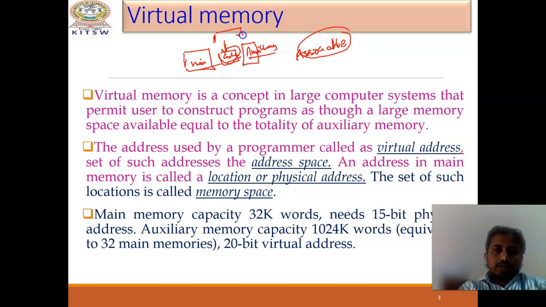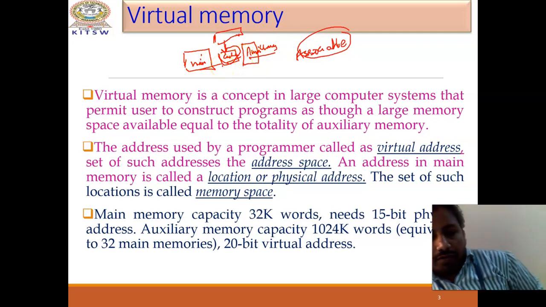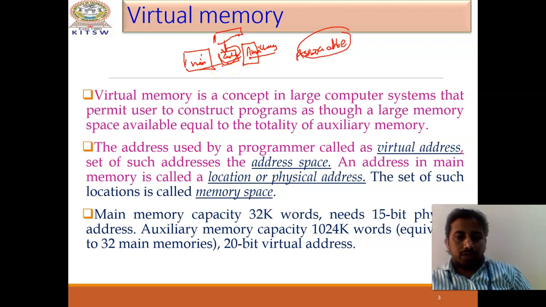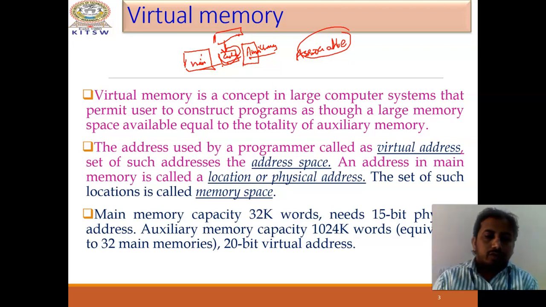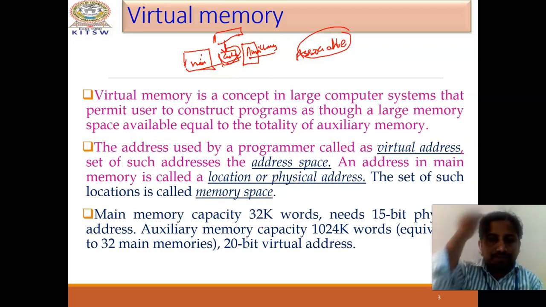And if the data is not available in the cache, it will go and read from the main memory. And if the main memory is not sufficient, the data will reside in the auxiliary memory. So sometimes auxiliary memories or associative memories are more or less related to virtual memories.